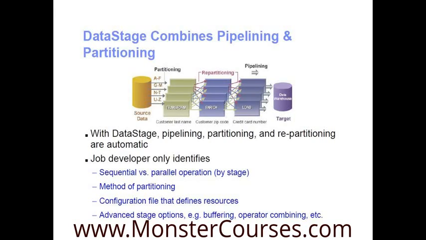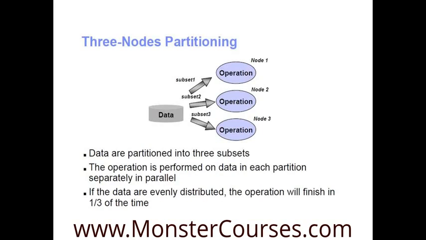But if he doesn't know which partitioning we need to use, we have a partitioning mechanism called auto. Auto means the DataStage engine will automatically select the optimal partitioning algorithm based upon the stage and the volume of the data. We need not worry about this partitioning. Okay. Yes. It's part of the notes.